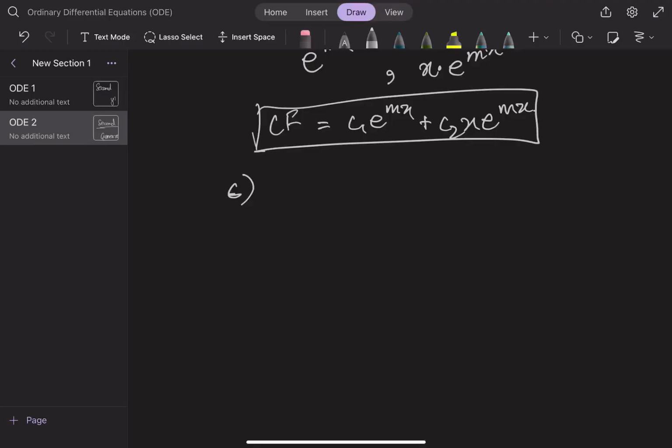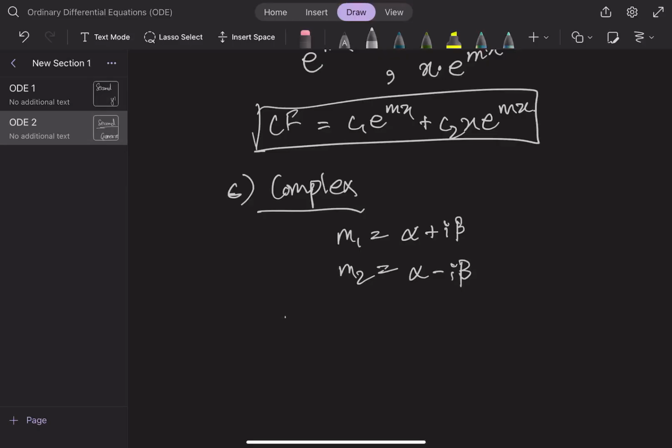Now your third type of roots is complex roots. As you know, complex roots occur in pairs, which means if the first root is alpha plus i beta, your second root will always be alpha minus i beta.